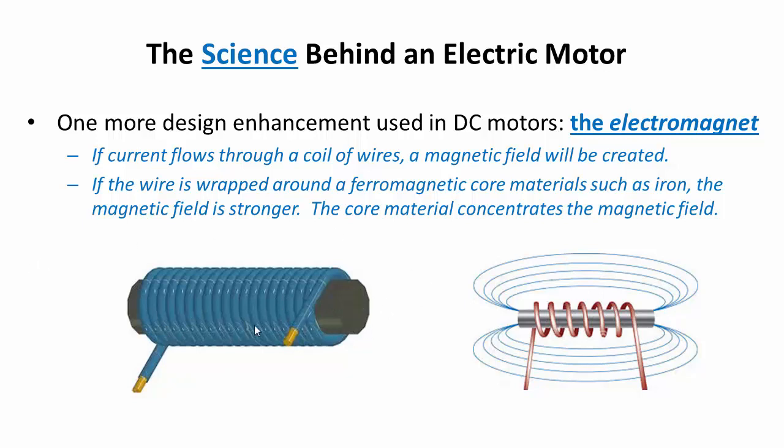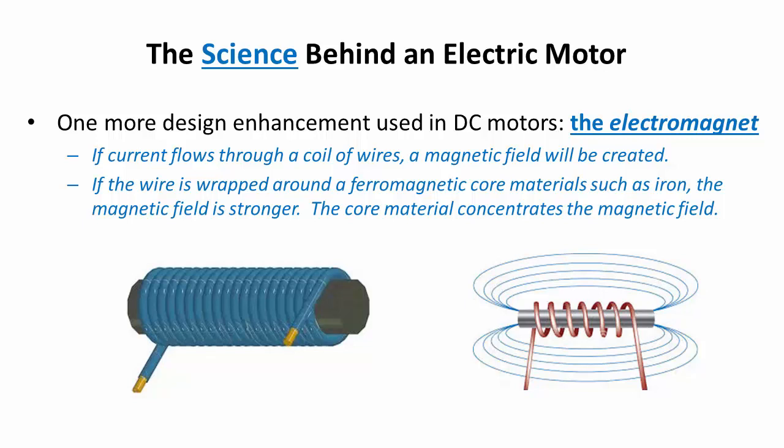So this is the practical implementation here. This would be one that shows the magnetic field lines. So you actually create a north and south pole. Notice that the wires are usually wrapped around some material like iron, and that again concentrates the magnetic field energy, and it allows the strength of this to be much larger.